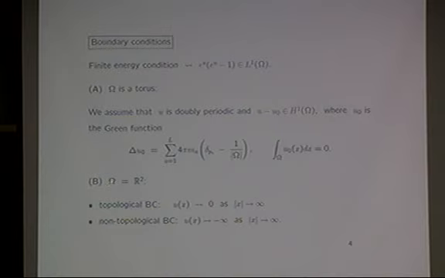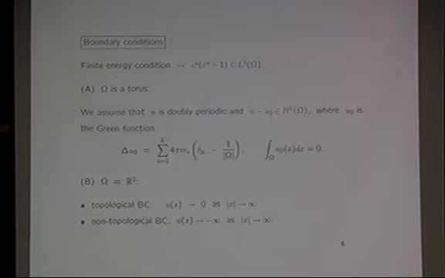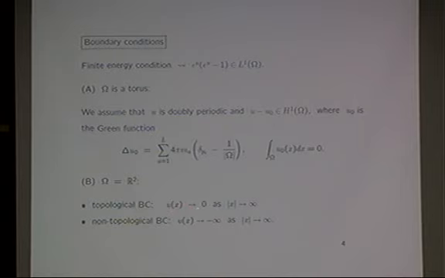In the case that omega is the whole domain R2, we have two possible boundary conditions, because the nonlinear term is e to the u multiplied by e to the u minus 1. The first one is called the topological boundary condition. In this case, the solution is a topological solution. This solution tends to 0 near infinity.